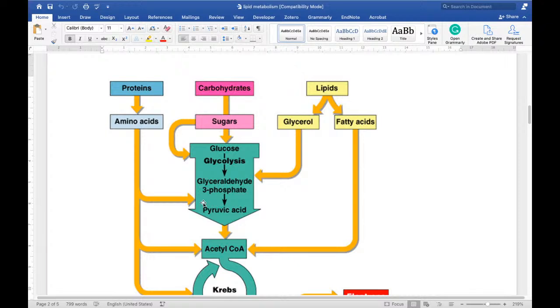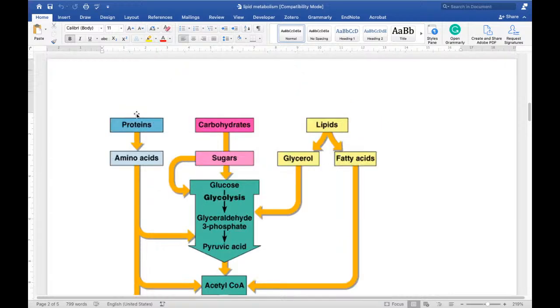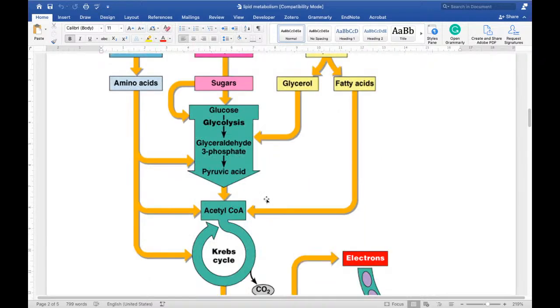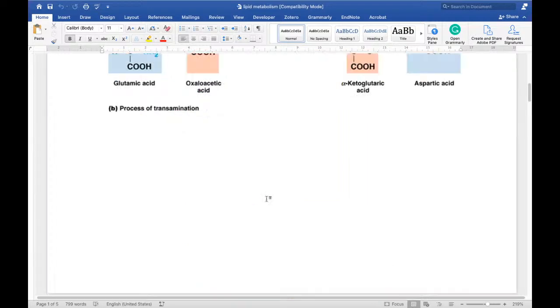All in all, transamination, protein catabolism, lipid catabolism and carbohydrate metabolism are all interconnected and help each other in the reactions. That is the very broad picture of protein, amino acid and carbohydrate catabolism.